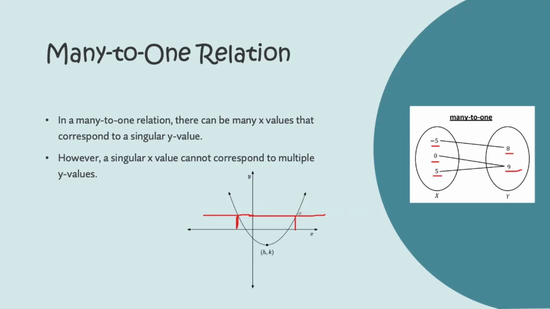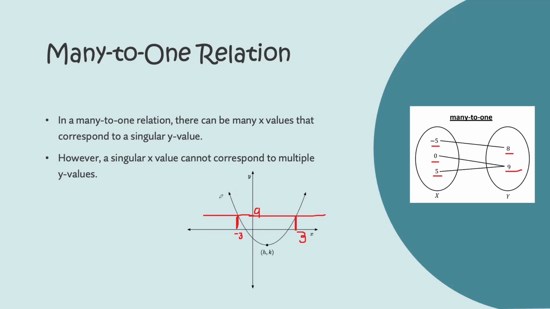Remember, when we square a number, if we square -5 we get 25, and if we square +5 we also get 25. So if this line is 9, then these two values could be -3, because -3 squared is 9, and +3, because +3 squared is also 9. That's an example where you can have many x values giving a singular y value.